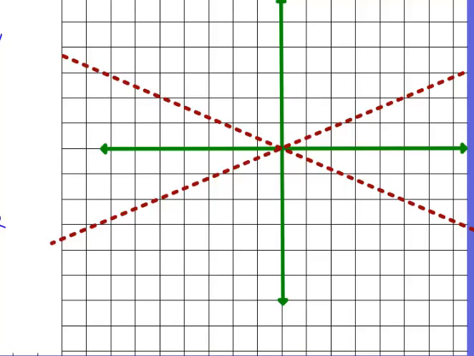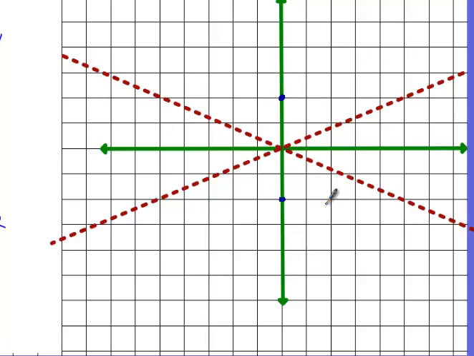Now I'm going to plot my vertices. Where's my first vertex? 0, 2. And 0, negative 2. Everybody okay? Is my hyperbola going to be pointing up and down or pointing left and right? Up and down.